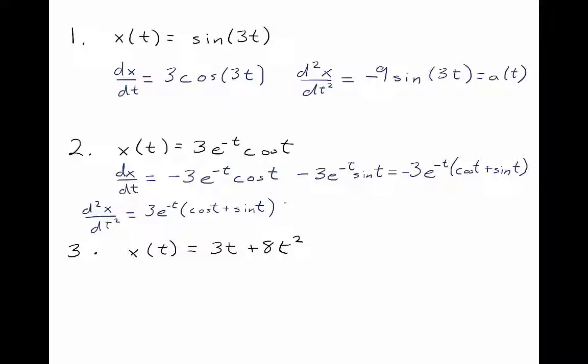Alright, next up, product rule. So we're going to leave our minus 3e to the minus t alone. And then we're just going to take the derivative of the inside. So the derivative of cosine t is minus sine t. The derivative of sine t is cosine t.